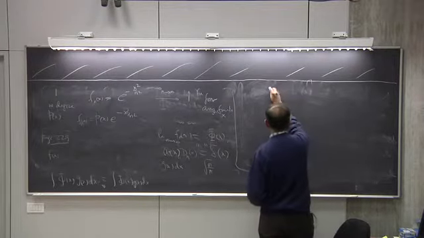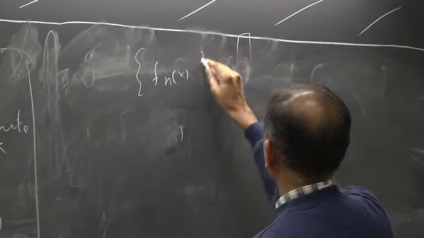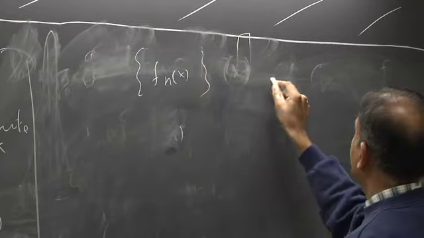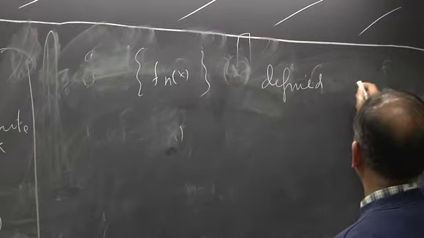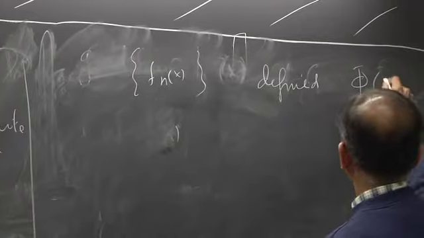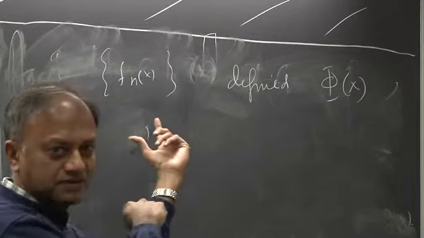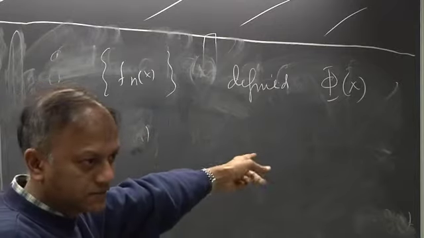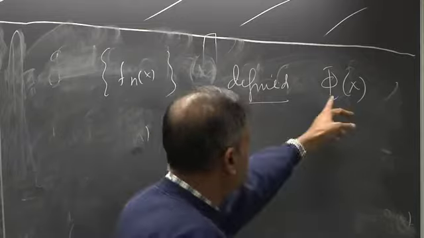Let's say I have the sequence f_n(x), which defines a generalized function phi of x. What that statement means is that the limit exists of the integrals of this f_n(x). That's what it means. So this statement just means that. So it will define a phi(x).